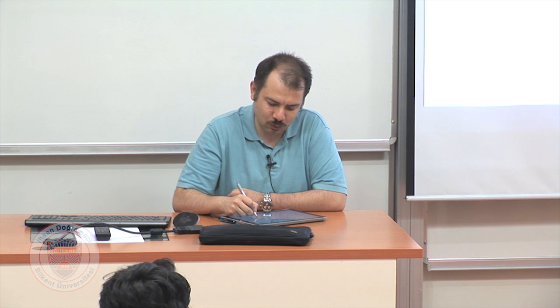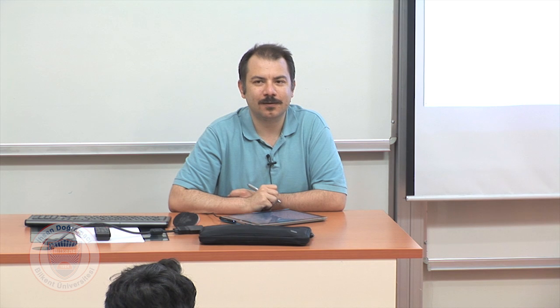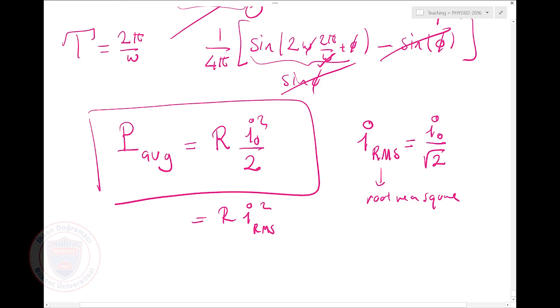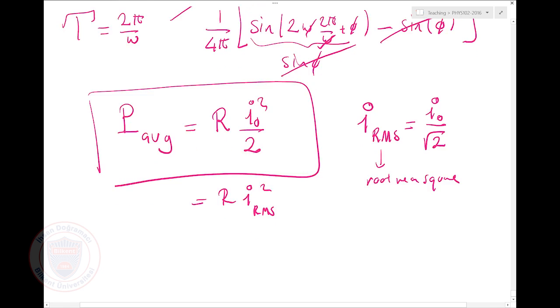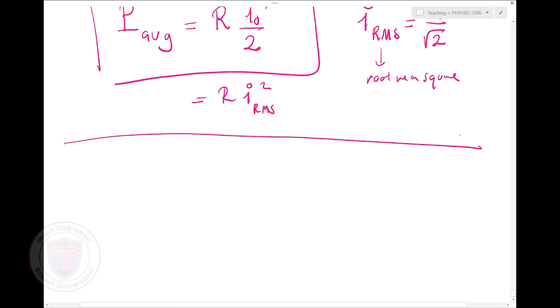RMS means root mean square. So the average power is going to be I RMS squared. Okay, so this 1/2 factor we have to keep in mind when we are dealing with alternating current. Actually, the voltage in our outlets is 220 volts RMS. Okay, not the peak. Good.